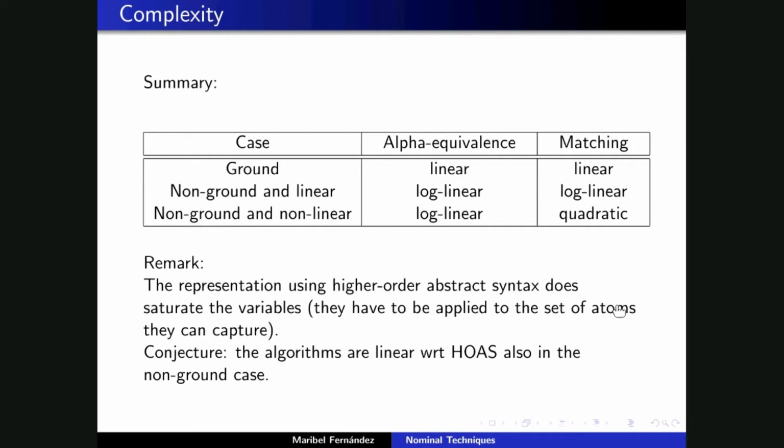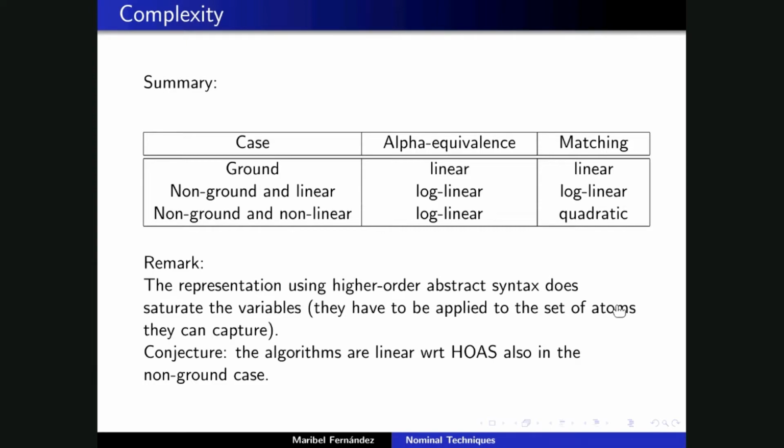And there is a question on the chat: what is the complexity of producing the alternative initial representation? Of course, there's no magic here. So to produce the expanded thing, you will have that complexity. All I'm saying is, if you're comparing an algorithm that runs linearly on the equivalent problem written in higher order abstract syntax, running linearly on the equivalent problems written in higher order abstract syntax corresponds to running in quadratic time on the nominal representation.